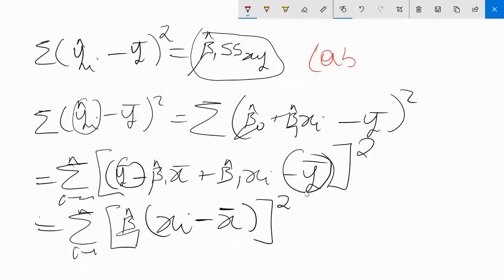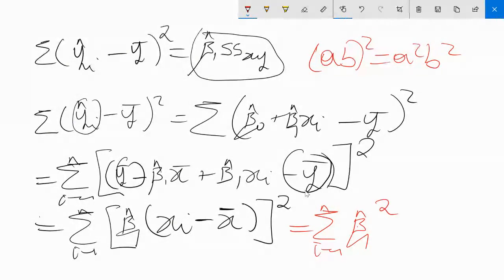We have a multiplied by b, all squared, and this is a squared multiplied by b squared. So I'm going to do that here. This will be beta 1 hat squared, and this one will be squared as well.